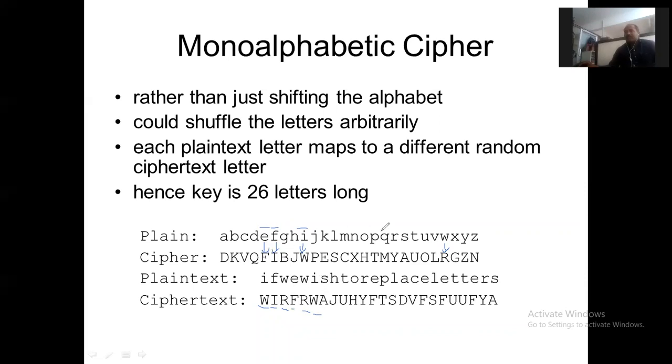So where is the S? S is here. What is the corresponding letter? A. So here we got the A. In that way we can identify the cipher text characters.